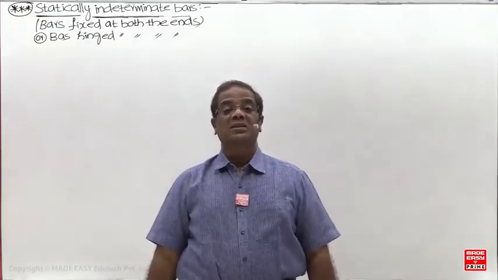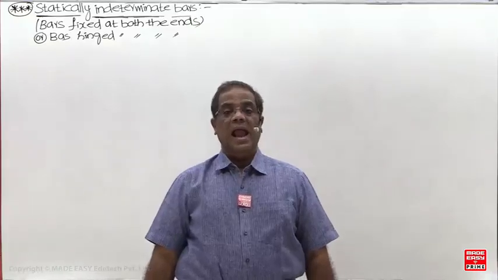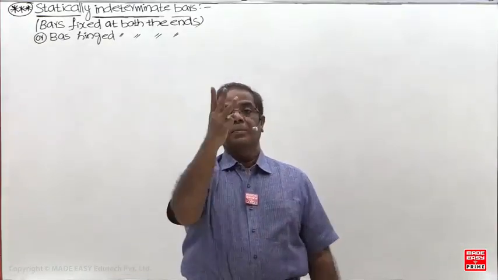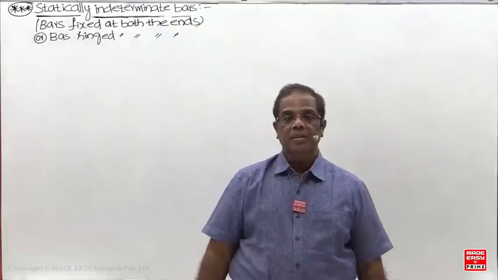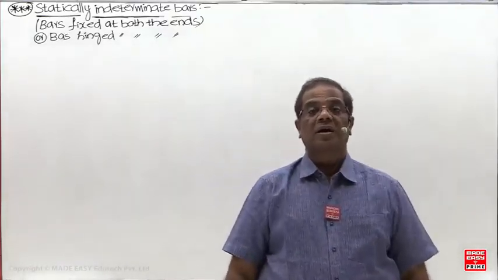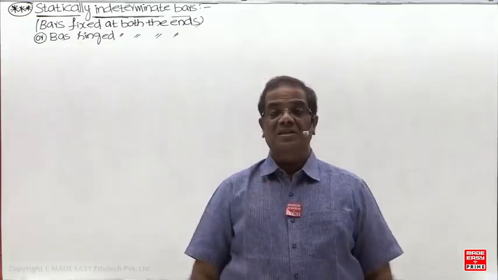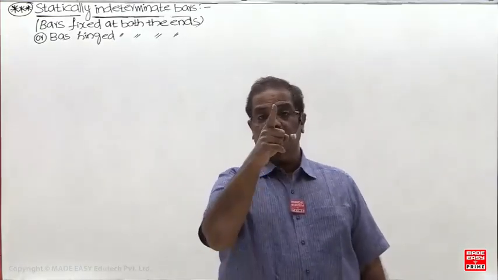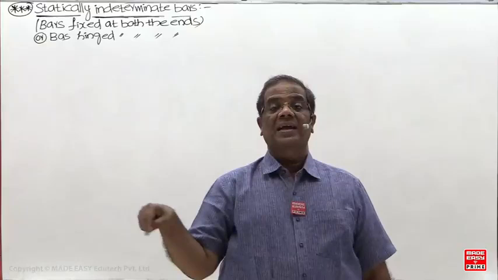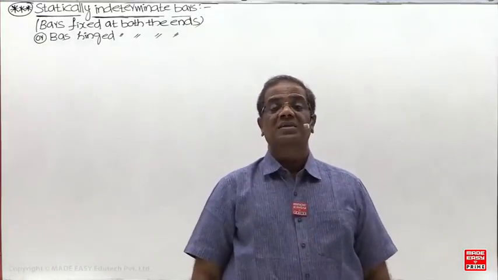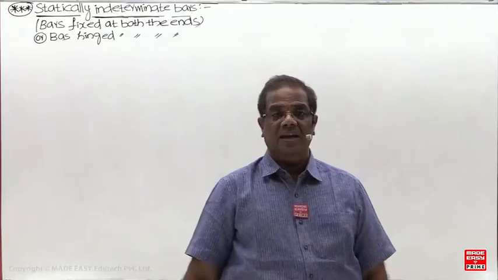Since three motions are restricted, the number of reactions is 3. For hinge support, the number of reactions is 2, which means it restricts two motions, axial motion and vertical motion. The reactions in hinge support are the vertical and horizontal reaction.